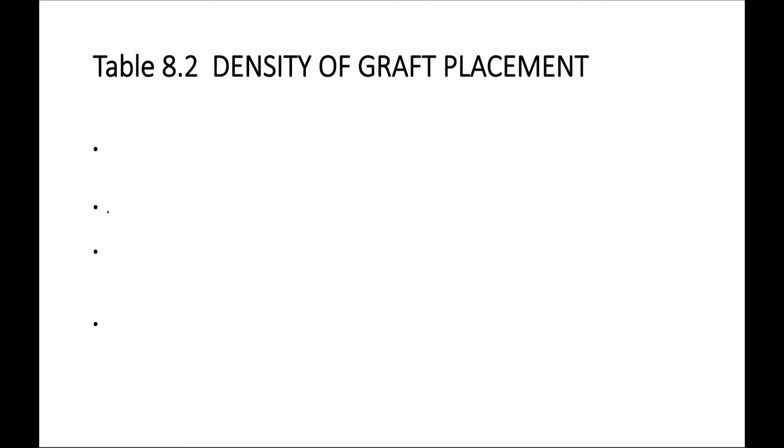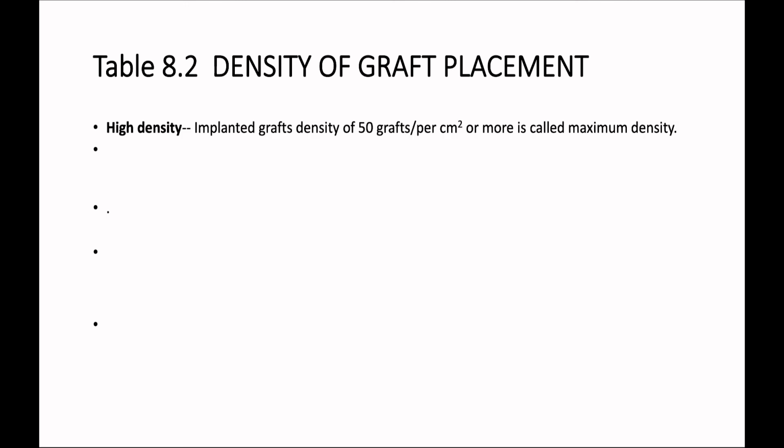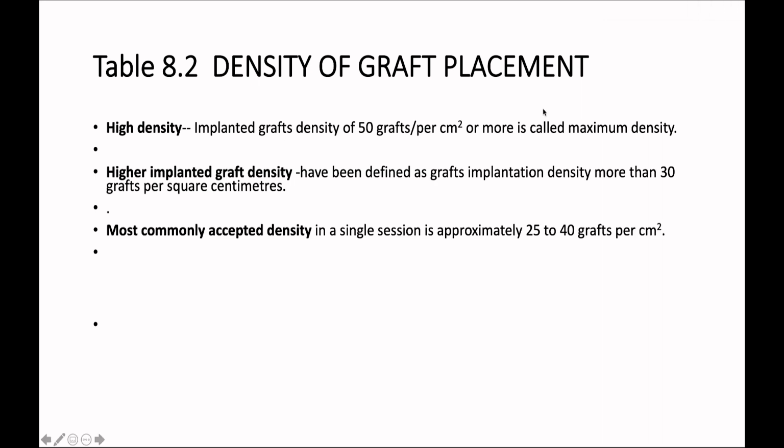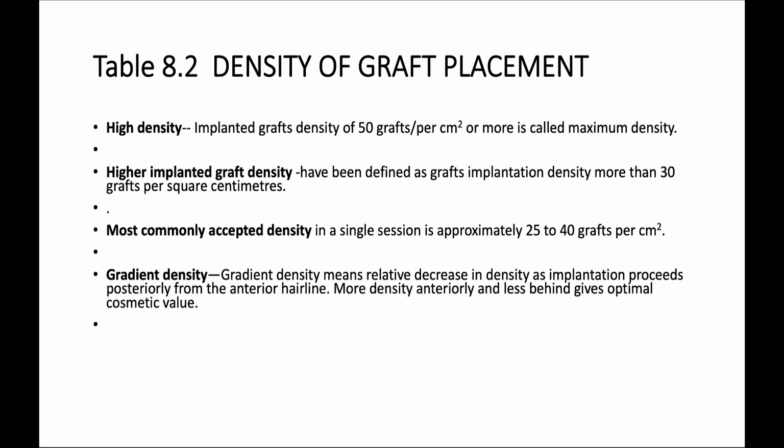High density, a transplanted graft density of 50 grafts per square centimeter or more, is called the maximum density. The most commonly accepted density in a single session is approximately 25 to 40 grafts per square centimeter. The gradient density means the relative decrease in density as implantation proceeds posteriorly from the anterior hairline. It means the higher density is anteriorly, then low, low and low.